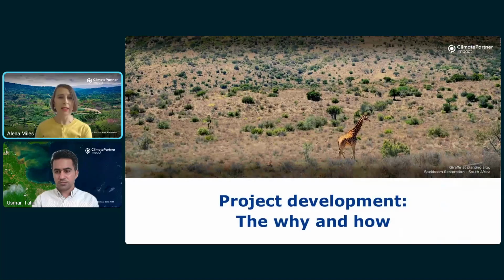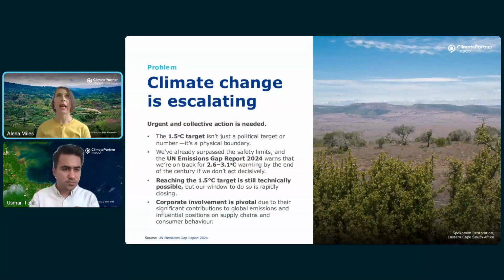But to start this conversation, I think it's really important to take a step back and understand why we're all here. Why are we even having this discussion about carbon project development? And of course, we all know that climate change is escalating and we all must act urgently. And we all must act together and use every single tool available at the moment.